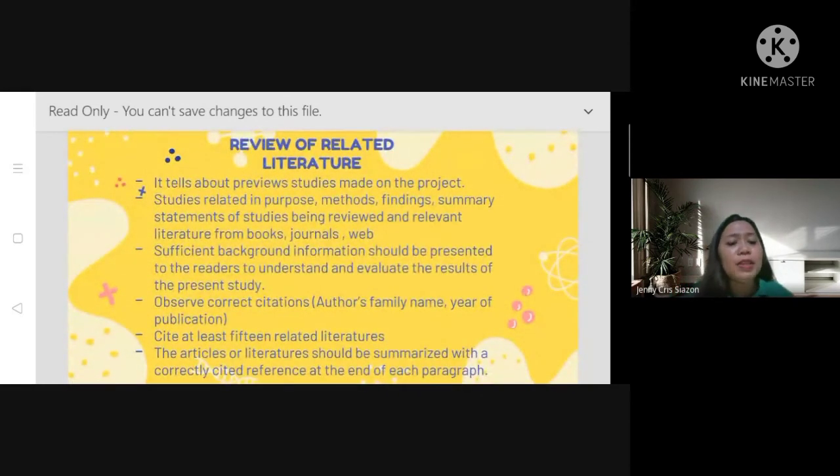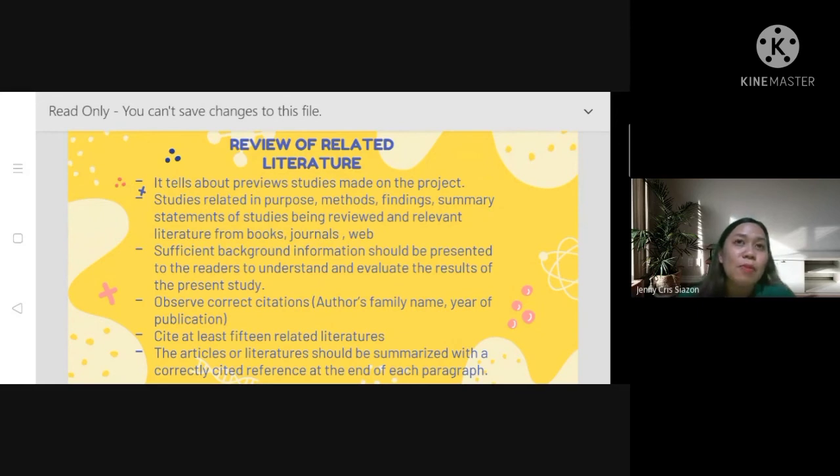Okay, in review of related literature, it's really important because it tells the previous studies made on the project. Kailangan pag-aralan mo yung mga existing facts na makakatulong sa'yo para makuha mo yung resulta, yung explanation sa result mo, yung discussion sa result mo. Okay, so tandaan lang that you have to observe correct citations. Hindi sa atin yung knowledge, no?